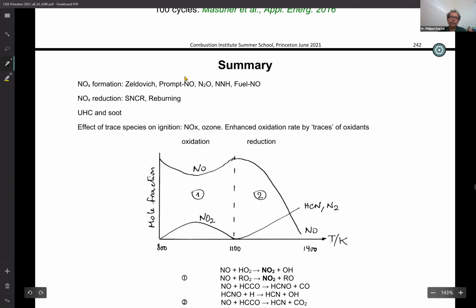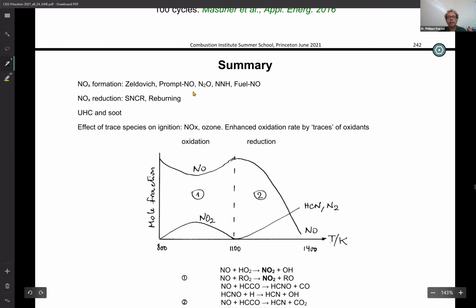Prompt NO is different. It's the attack of molecular nitrogen by radicals coming from the fuel, like CH2, CH, or even C. This process can occur at a lower temperature. The third mechanism that was presented is that of N2O.